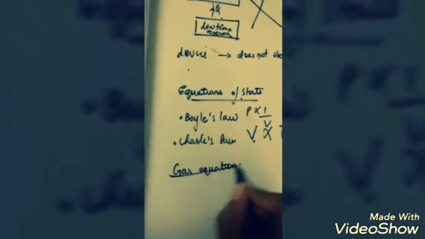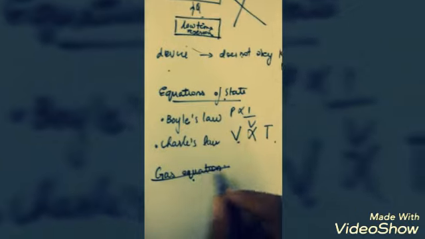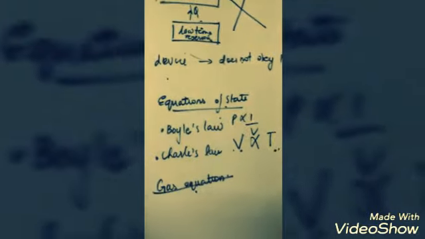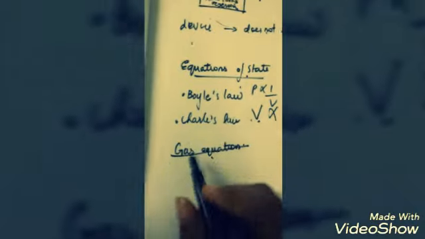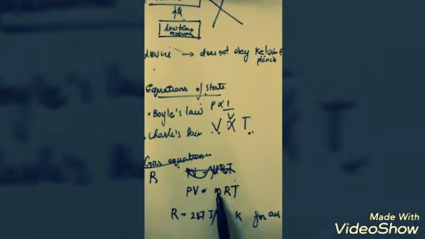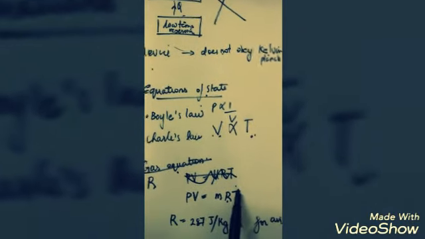So what is the gas equation? The gas equation incorporates pressure, volume, temperature, and a peculiar constant called the gas constant, which is represented by R. So the gas equation is given by PV = mRT, where P is the pressure, V is the volume, m is the mass, R is the gas constant, and T is the temperature.